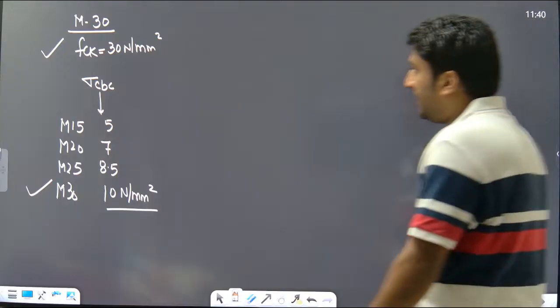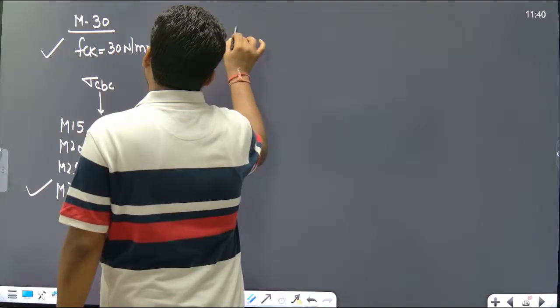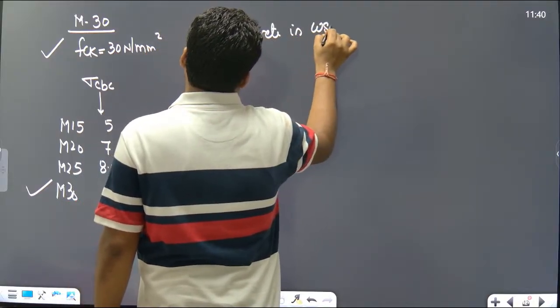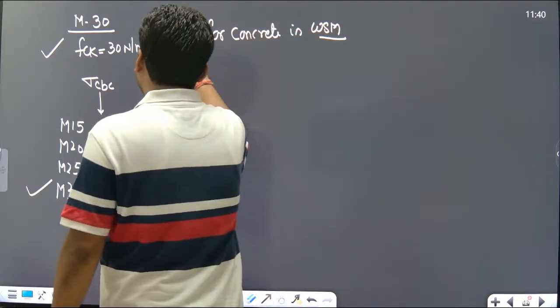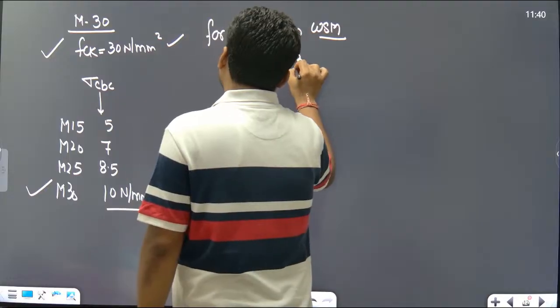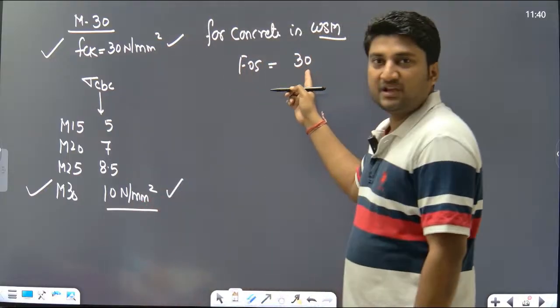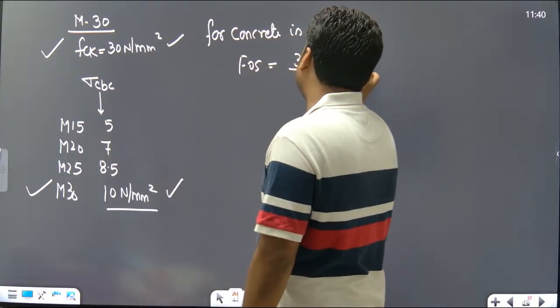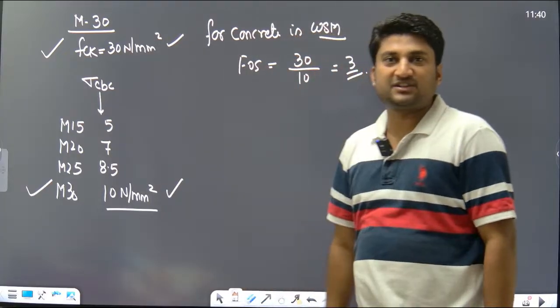So for concrete in working stress method, the value is 30 and you are permitting 10. So what is the factor of safety? The characteristic value is 30, but you are permitting 10. So factor of safety is roughly around 3 for working stress method in concrete.